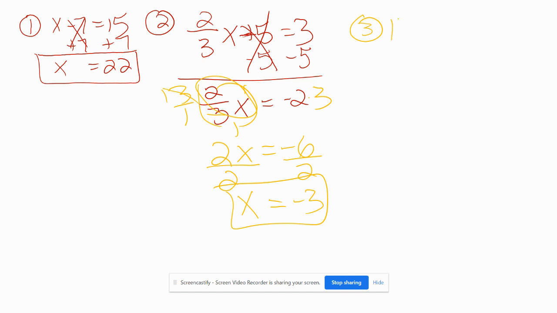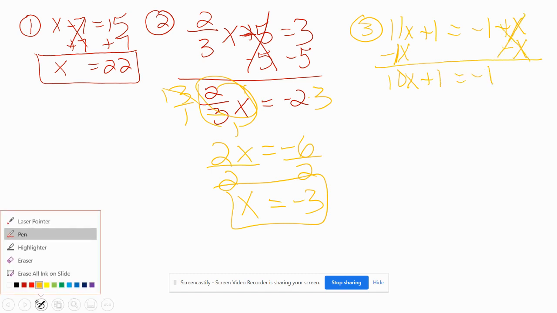Number 3. Let's see, I'm going to start with moving our x values together. The opposite of a positive x is a negative x, so I'm subtracting x. Remember, there's a 1 here. So 11 minus 1 is 10x. We add to 0 over there.